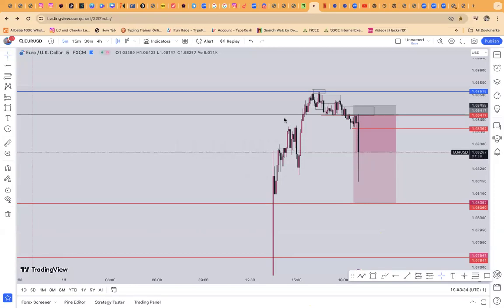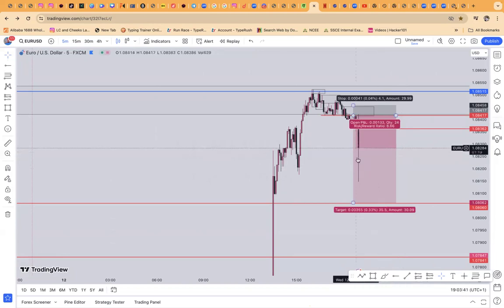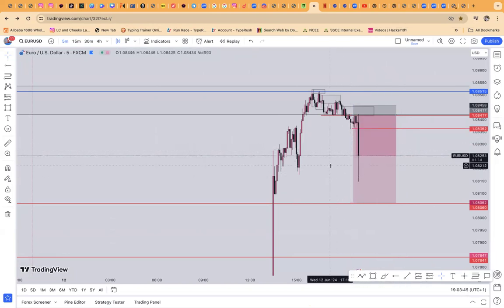Somebody is doing time. And see, the thing is, you don't enter right when the market is doing like this. It's risky.